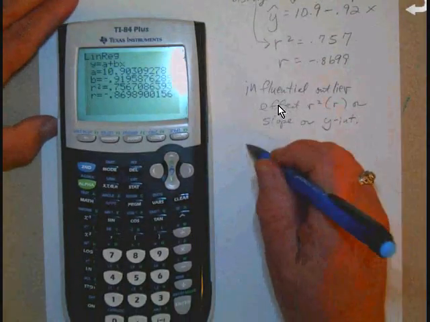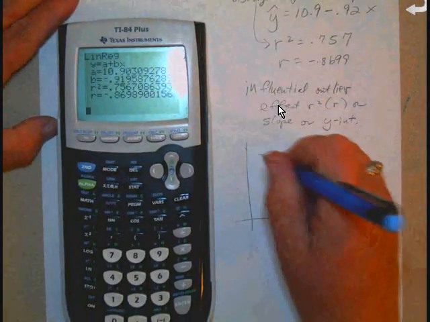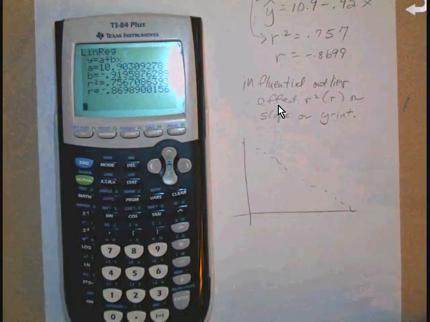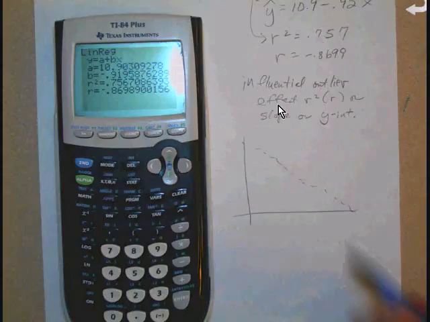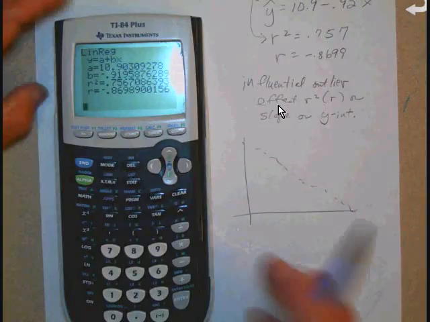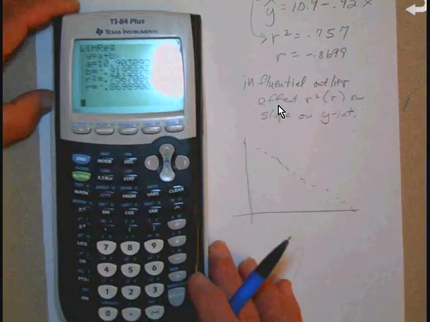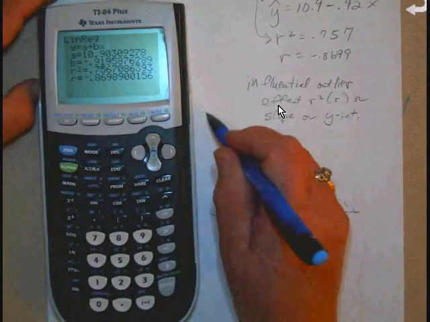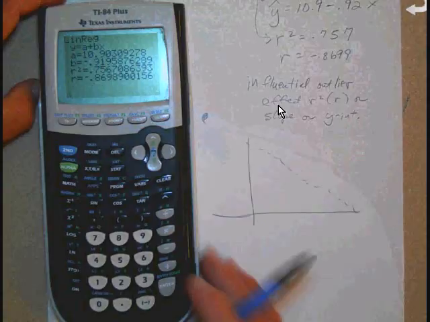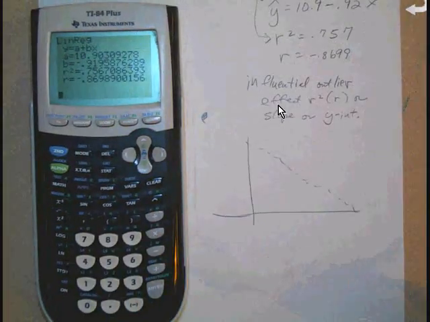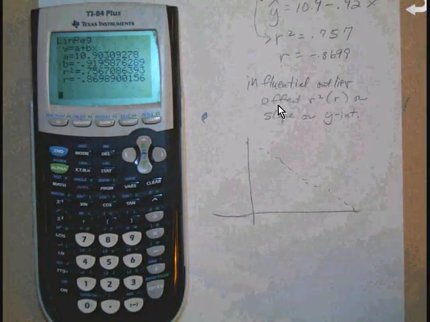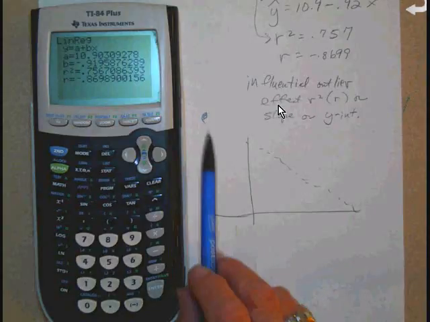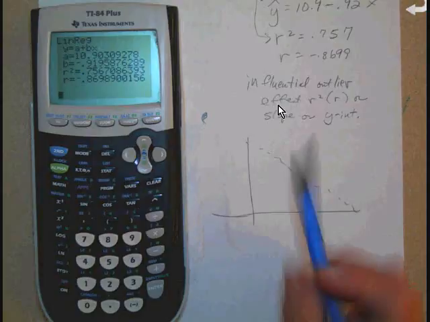So, here's my data. There's essentially what my scatter plot looks like right now. I can make an outlier, and I want you to try to figure out what this outlier would be. Why don't you try to make an outlier right there? Tell me what you think the coordinates of that point might be.